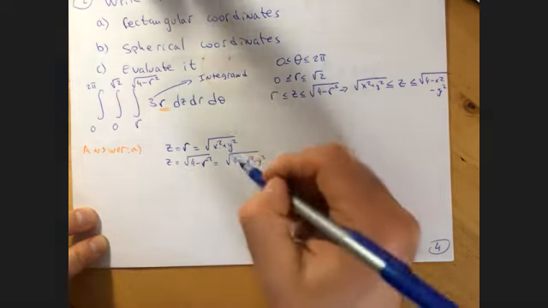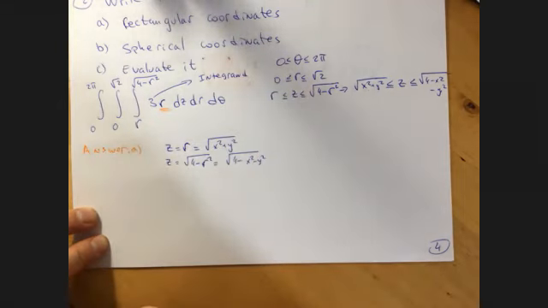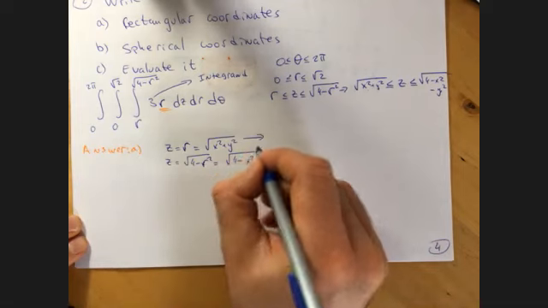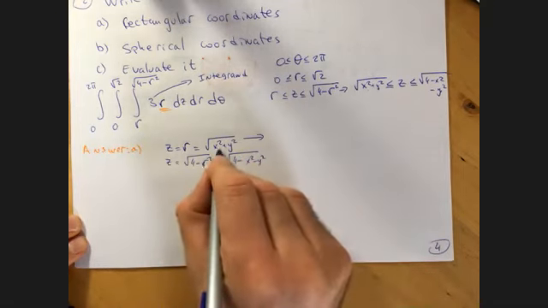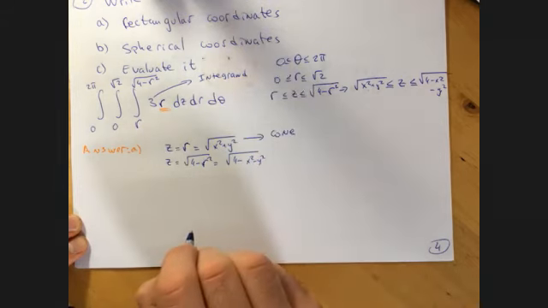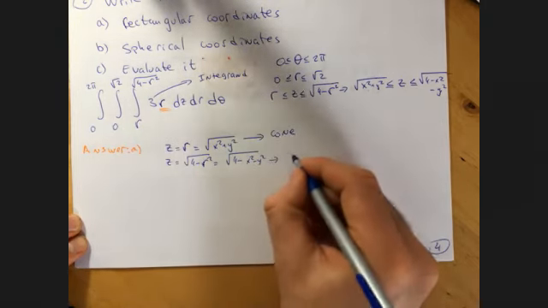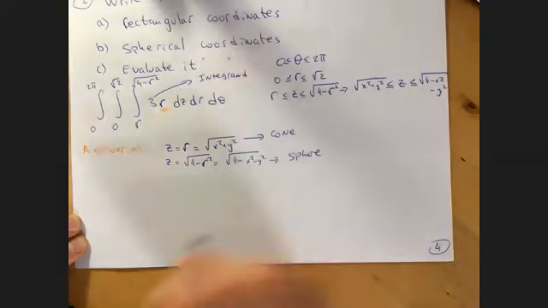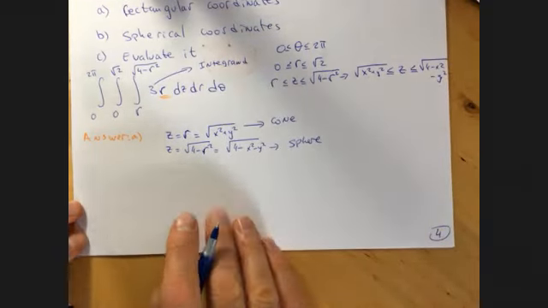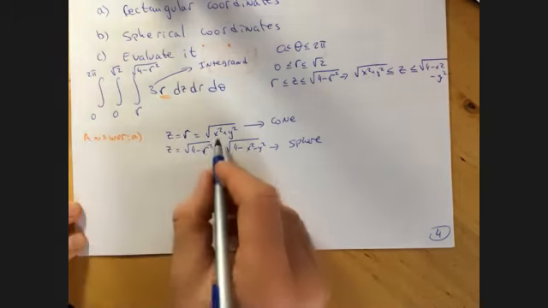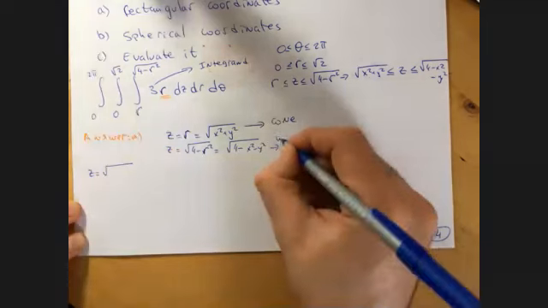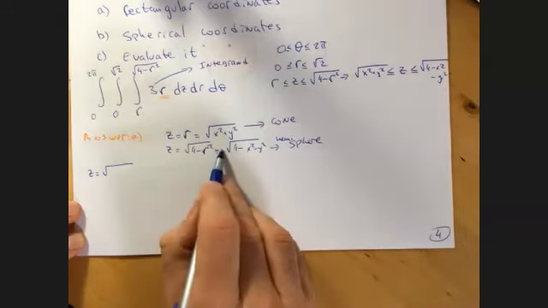Okay, so let's catch these two situations. First of all, z equal to the square root of x squared plus y squared is a cone. This here is a sphere. If you need an explanation on that, z is equal to a hemisphere, because it's a positive square root.